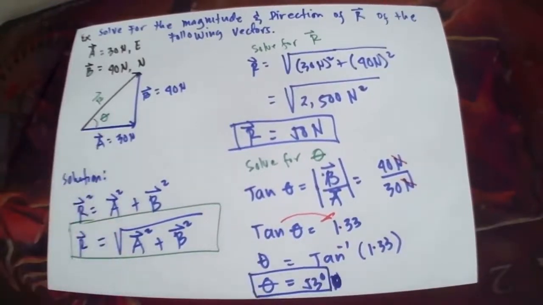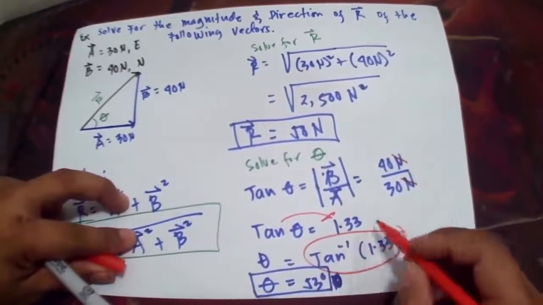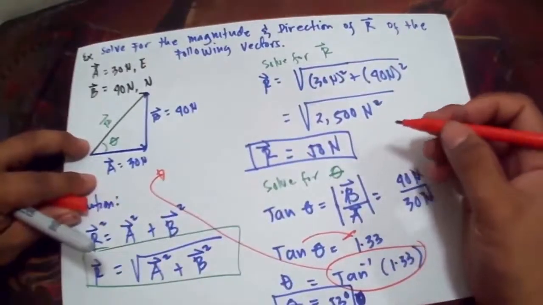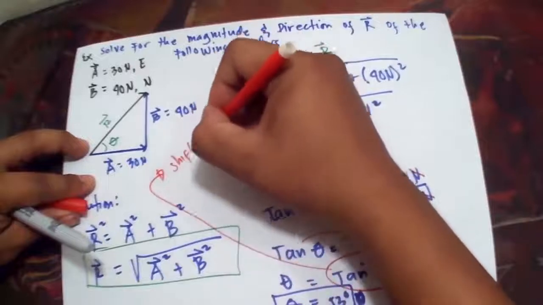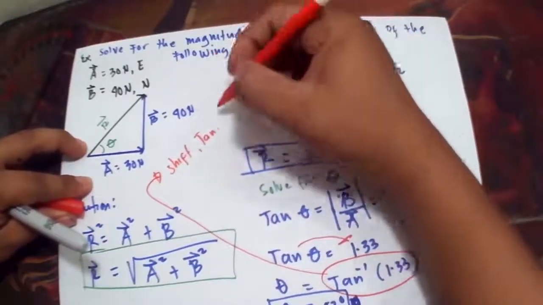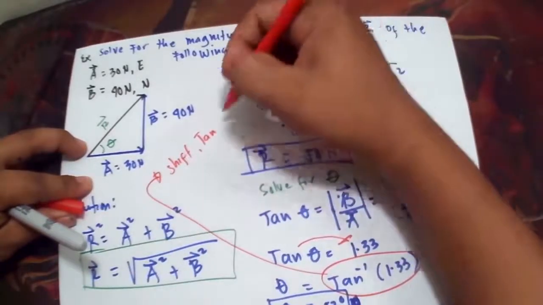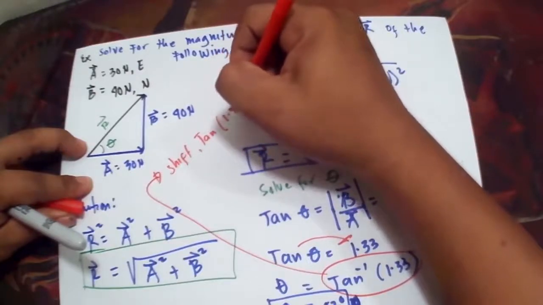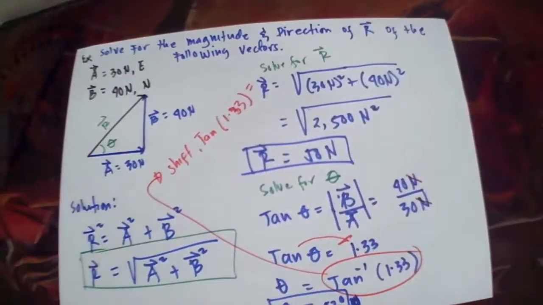How to press this one in our calculator? This term here, how to press that in our calculator? I will just put it here. You just simply press shift and then press the tangent function, and then you can press the open parenthesis and then 1.33 and press again the close parenthesis and equals.